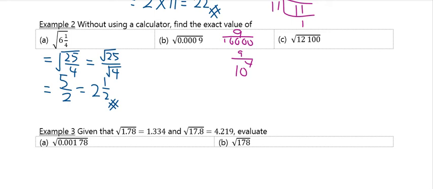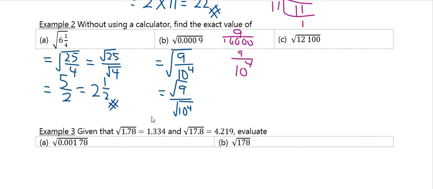So you can express this as 9 over 10 to the power 4. After you separate them, you get the square root of 9 over the square root of 10 to the power 4. Now notice that the square root of 10 to the power 4 is actually 10 squared. I will do it at the side.